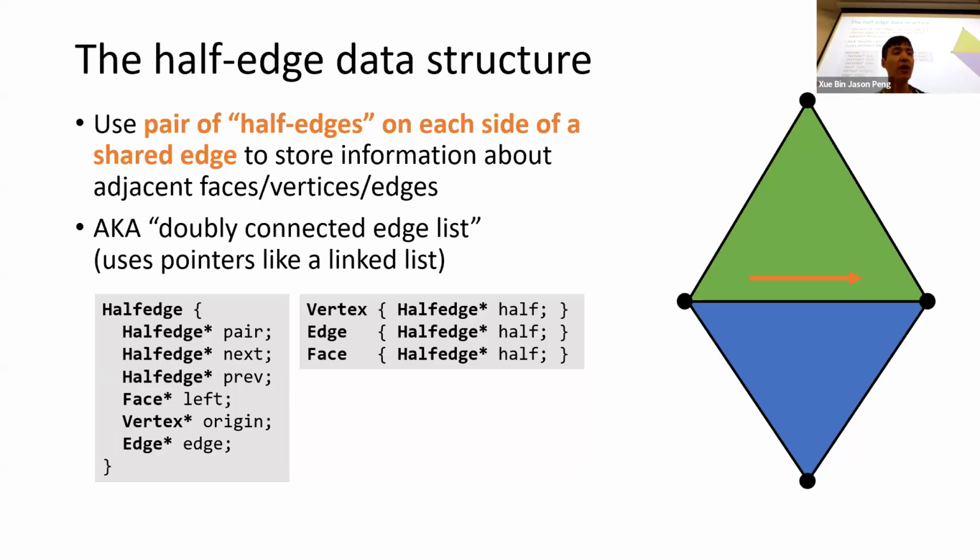So first, this half-edge is going to contain a pair pointer that corresponds to the sibling half-edge that shares the same edge as our current half-edge. So the top half-edge shares the horizontal edge with the bottom half-edge that belongs to the blue triangle. And we'll refer to this sibling half-edge as the pair half-edge.